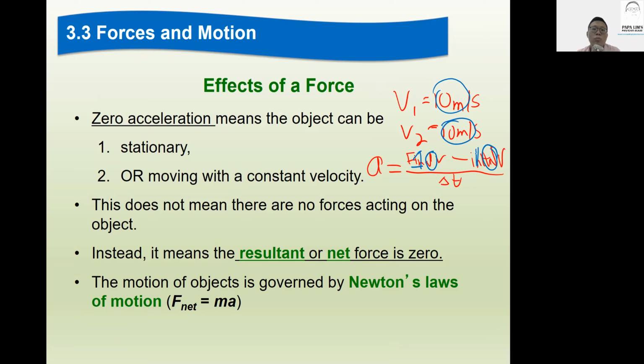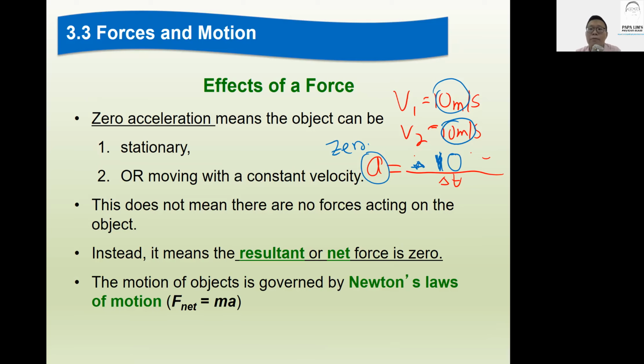So the numerator of the acceleration formula, final minus initial, will be 10 minus 10. And you'll find that my final value in the numerator is a big fat 0. And as a result, 0 divided by any time I give you, the answer will be 0 acceleration.